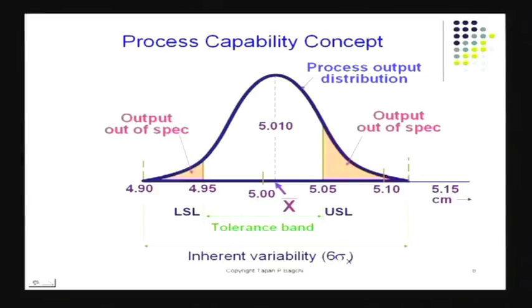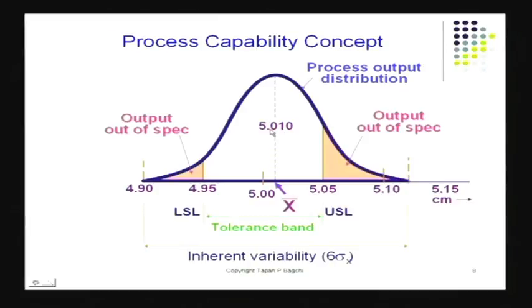Let's see how we do that. I have a process here, and this process has a target which is at 5.00. That's the target. What we have to do is keep the target there and look at your real output. If I average the whole thing, the real output, X double bar, is at 5.010.